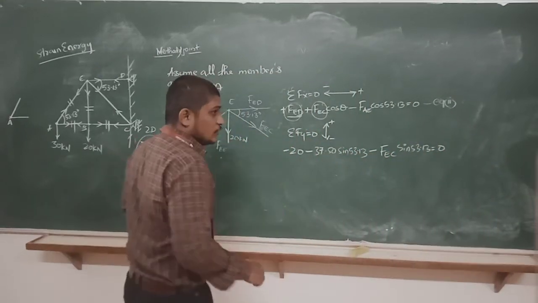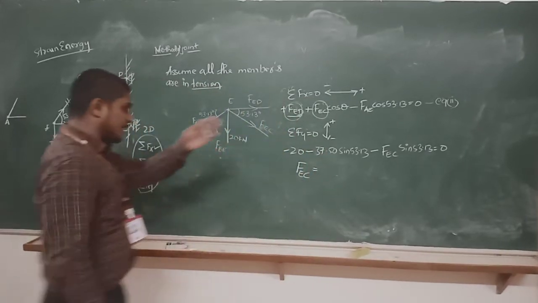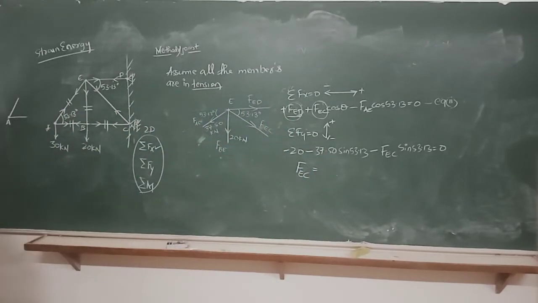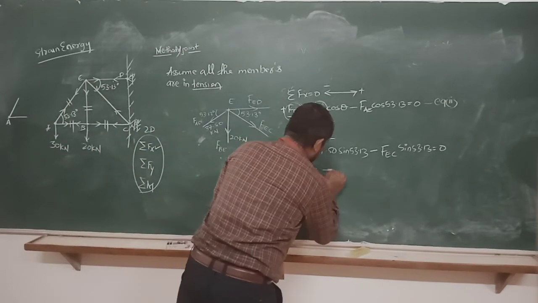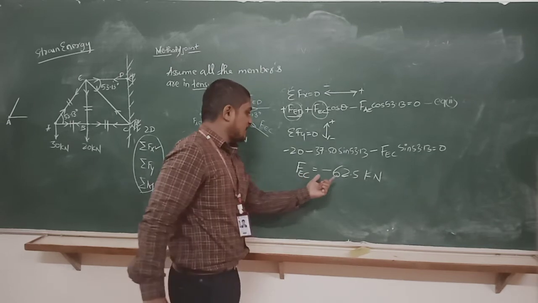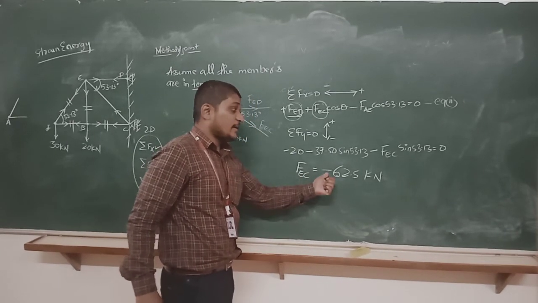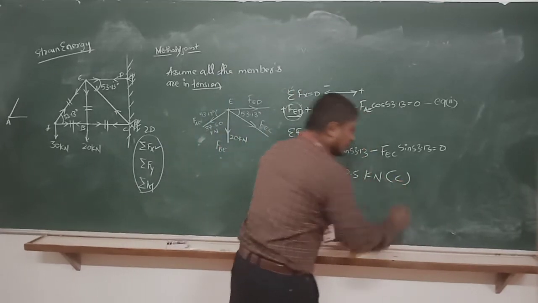Now you will get FEC equal to, I will write the answer, FEC is equal to minus 62.5 kilonewton. It means again the assumption which I made for the member EC was wrong, and it is under pure compression.